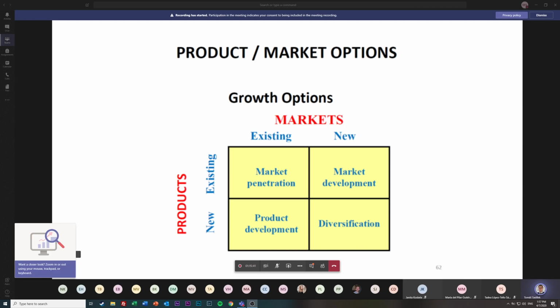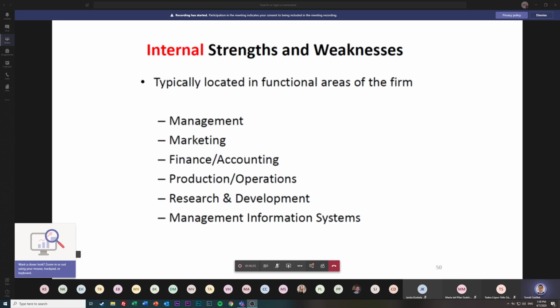Firstly, what are the typical parts that are included in the strengths and weaknesses? We measure how things are within the company. So what are the functional areas of the company: management, marketing, finance and accounting, production and operations, research and development, management information systems, and others.